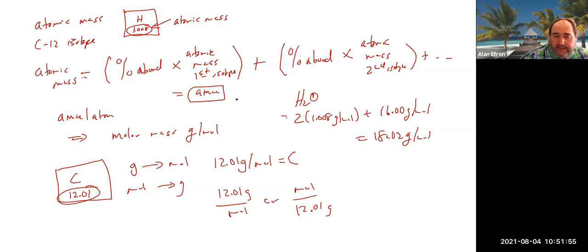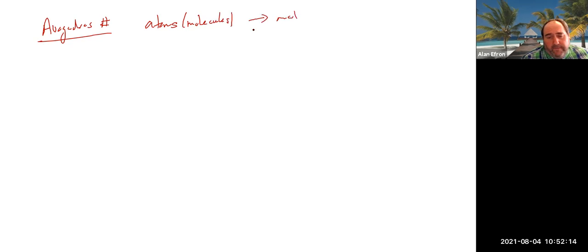Now, we also talked in this time about Avogadro and his number. So Avogadro's number really is our conversion factor to go from atoms or molecules to moles, or backwards from moles back to atoms or molecules.